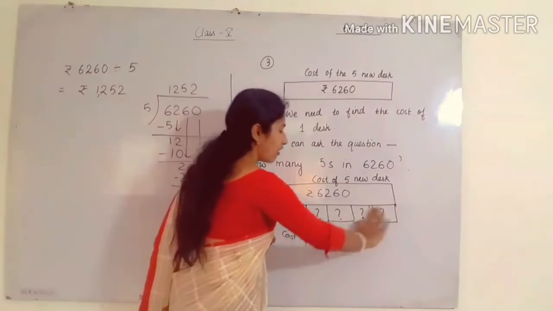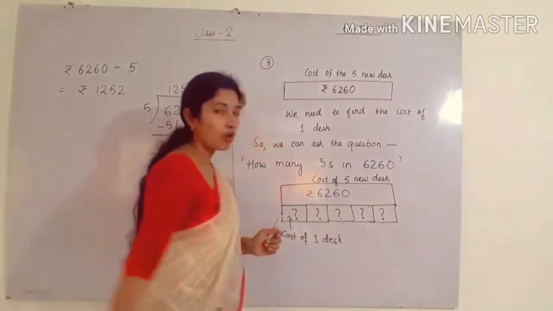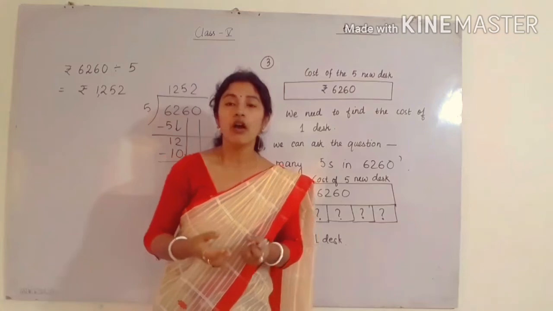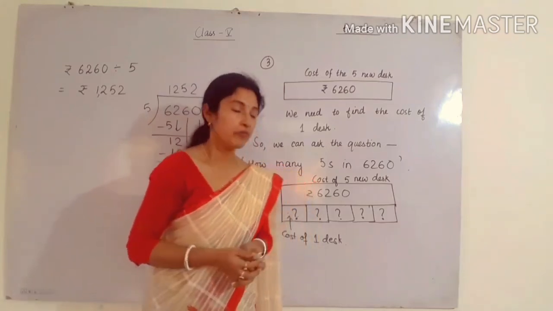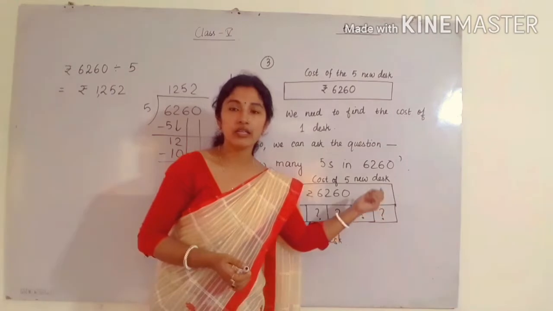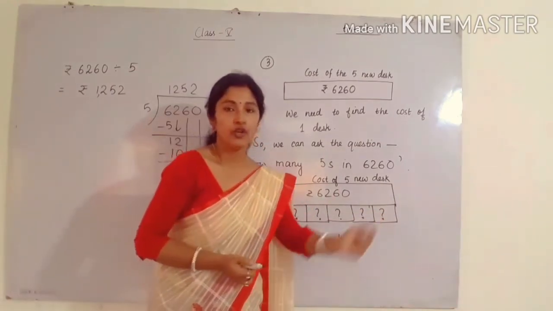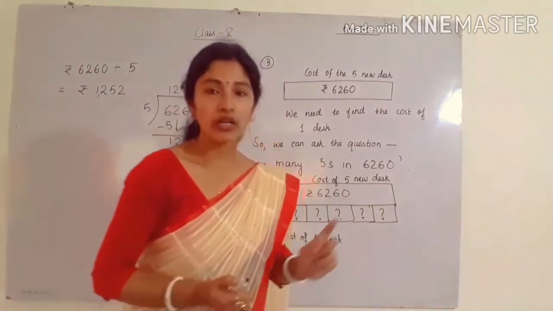So you don't have to make the remaining boxes, because we don't know how many quantities are there. Like here we are making 5 boxes because the number of quantities is given. So we can do one more type of question.